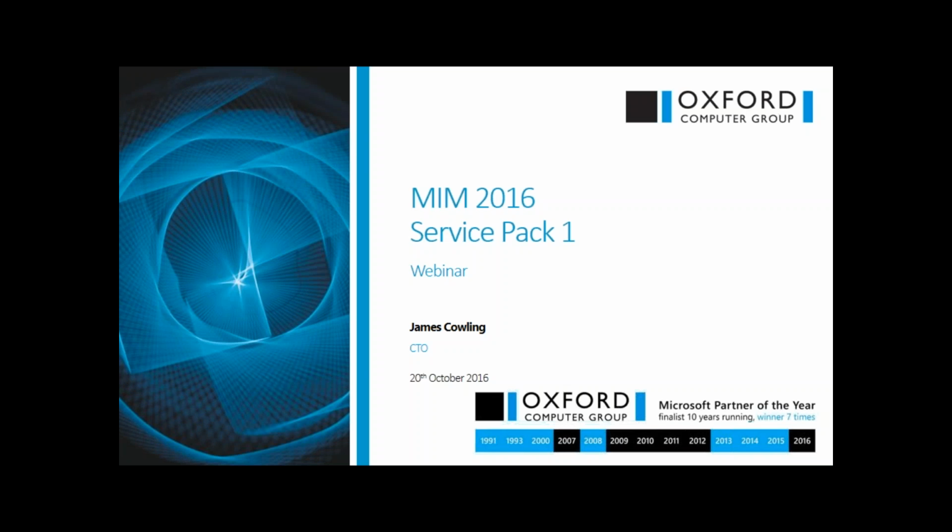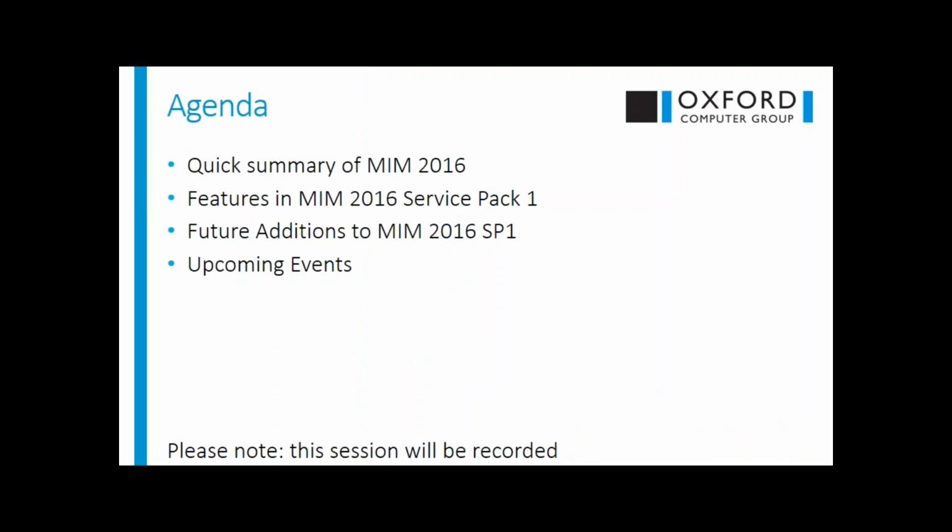This will be a session about MIM 2016 Service Pack 1. I will show you my agenda and we'll get started. All right, so what we plan to talk about, I'm just going to quickly summarize what MIM 2016 does, because we're talking about a delta here and we need to understand what we already have.